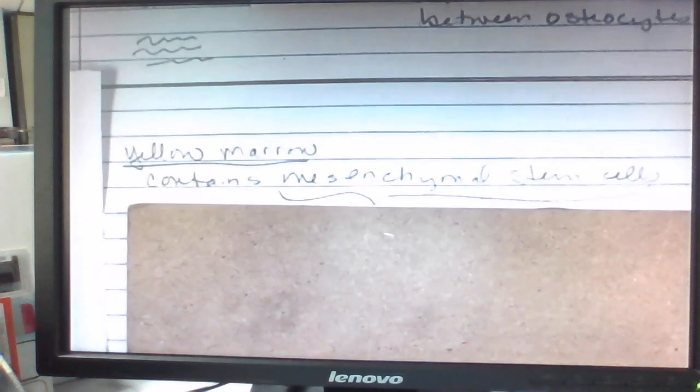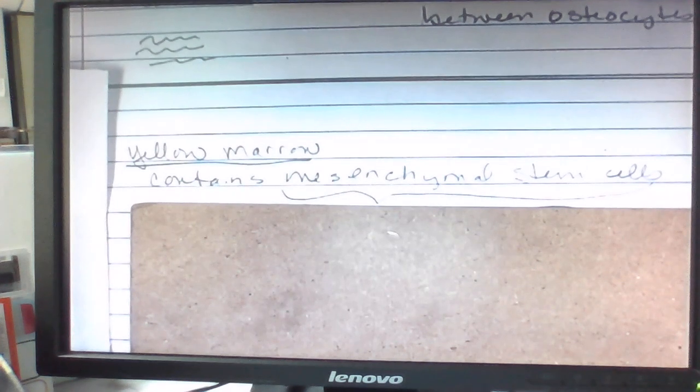So yellow bone marrow, yellow marrow is spongy bone, and yellow marrow has mesenchymal stem cells.